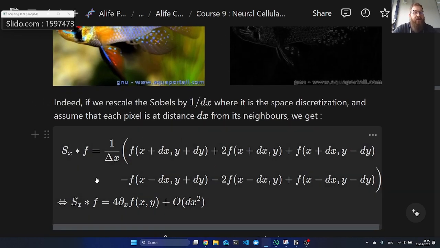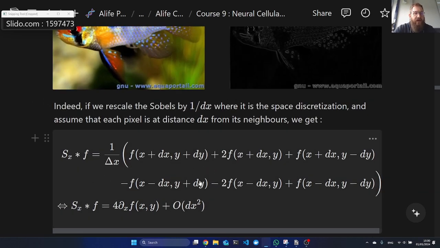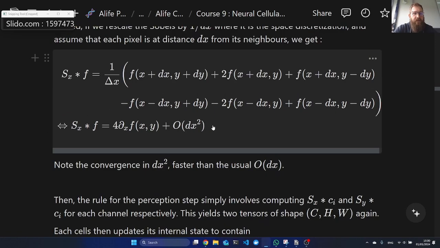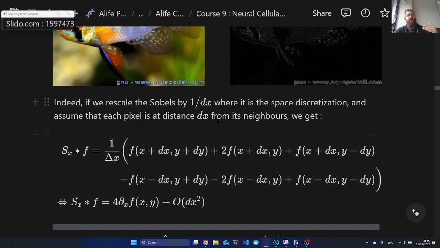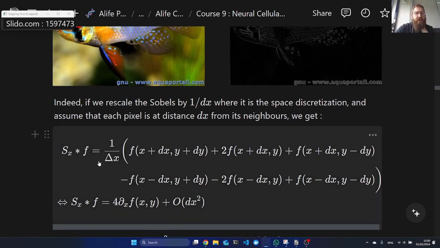If you want to go a bit further in terms of mathematics, if you consider a discrete version of the Sobel filter where the distance between the pixels is smaller and smaller, you can show that a convolution with Sx gives us the partial derivative in x, up to O of delta x squared. Same thing for Sy.